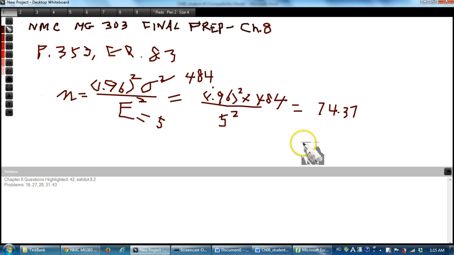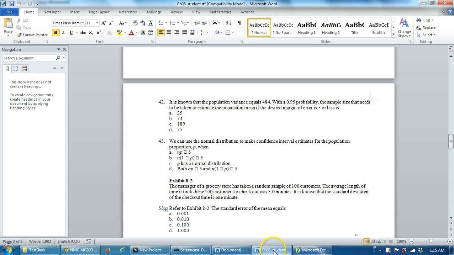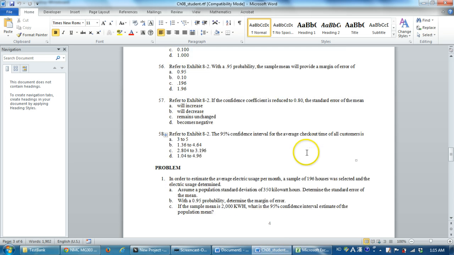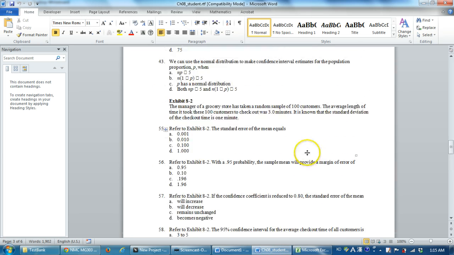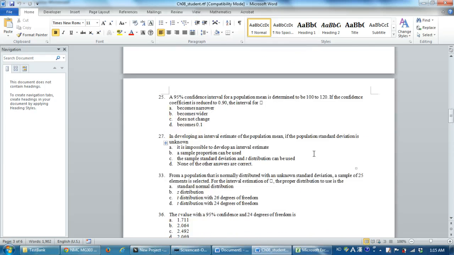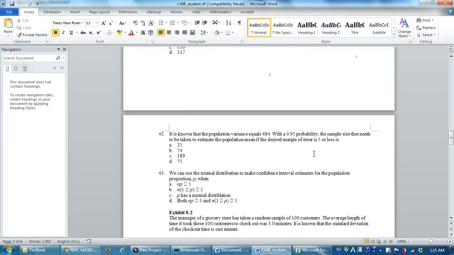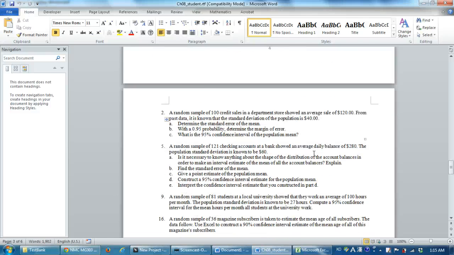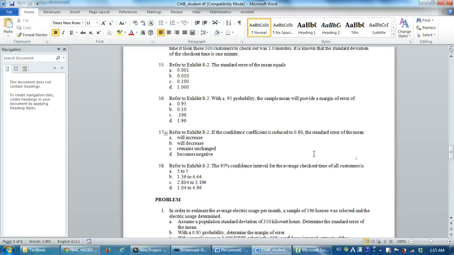And exhibit 8.2 that you may work on. Actually, exhibit 8.2 is not there, I'm sorry. Oh, right there.